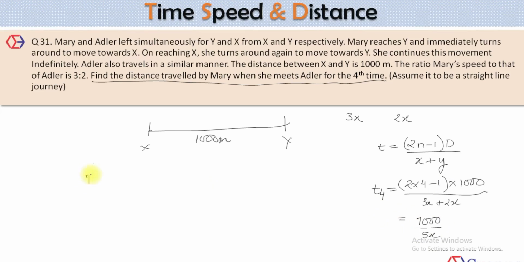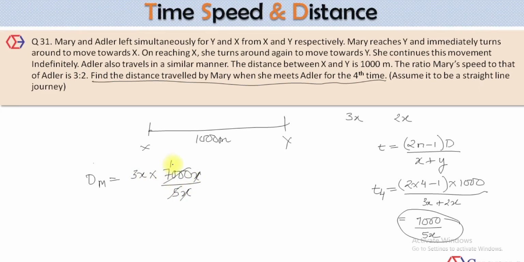So what's the distance traveled by Mary in this much time? You know that distance is always equal to speed into time. What is speed here of Mary? Mary's speed is 3x. The time taken is 7000 by 5x. This x will be cancelled out.